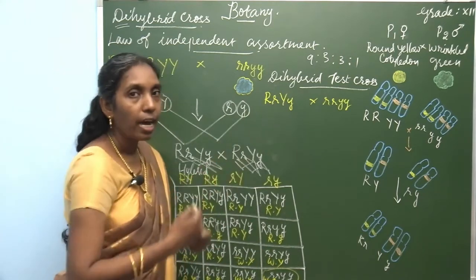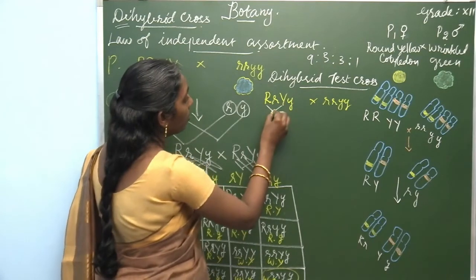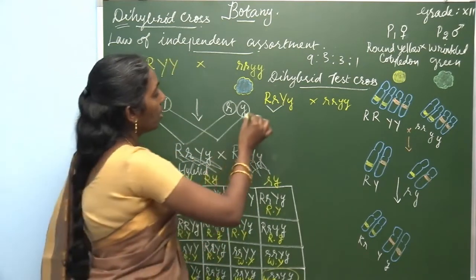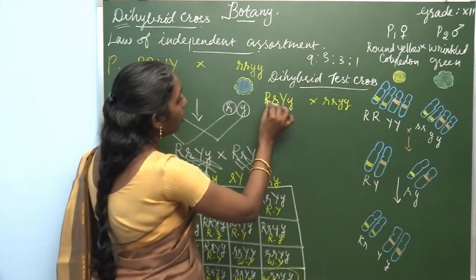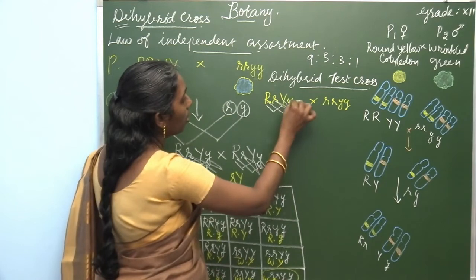Now take out the gametes. From this hybrid, the possible gametes are capital R capital Y, capital R small y, small r capital Y, and small r small y.